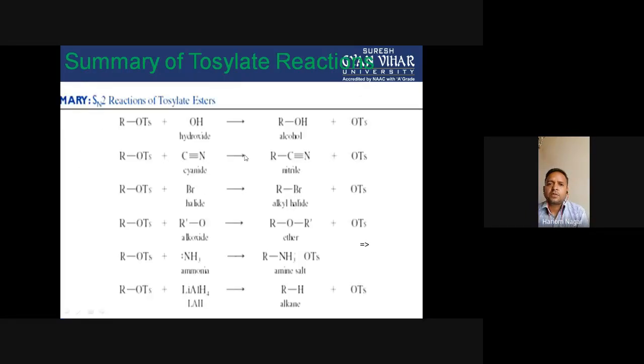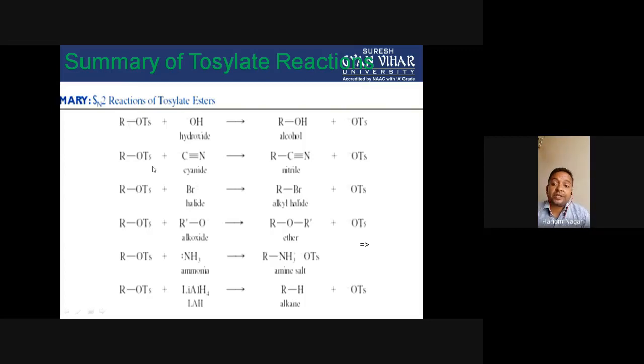Now, the summary of tosylate ester reactions. When ROTs reacts with hydroxide, it forms the alcohol ROH, because there is removal of OTs and attack of the OH group at the alkyl center.